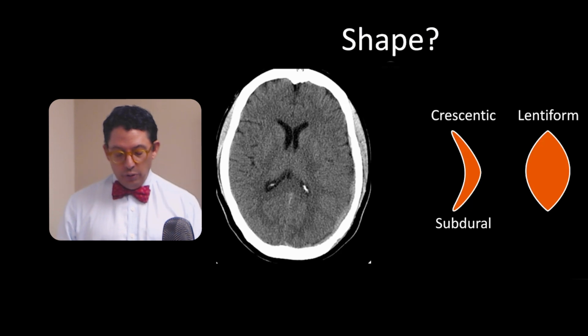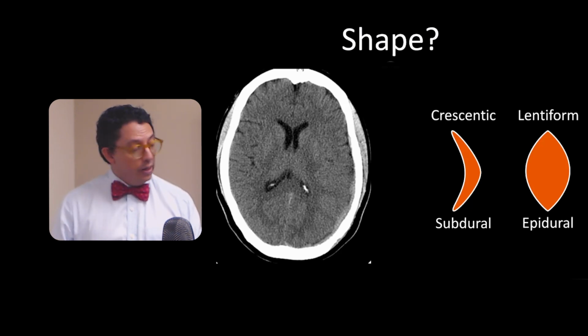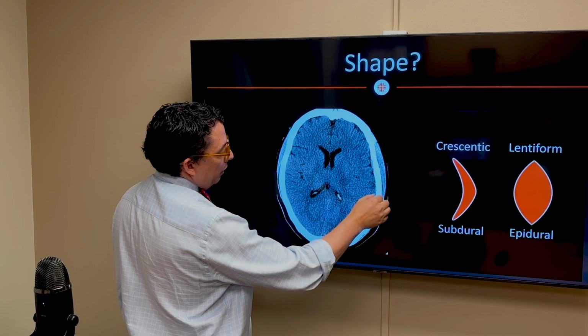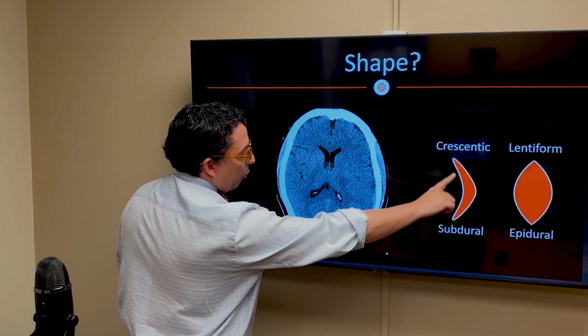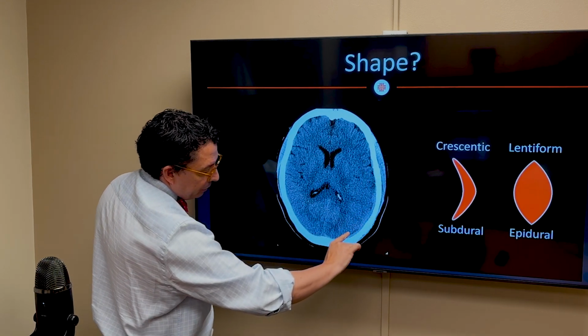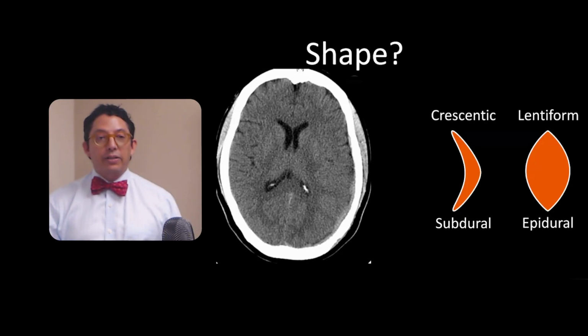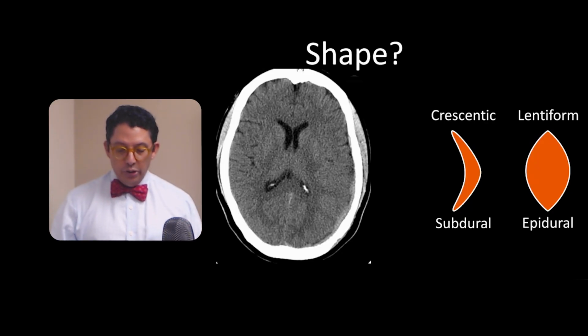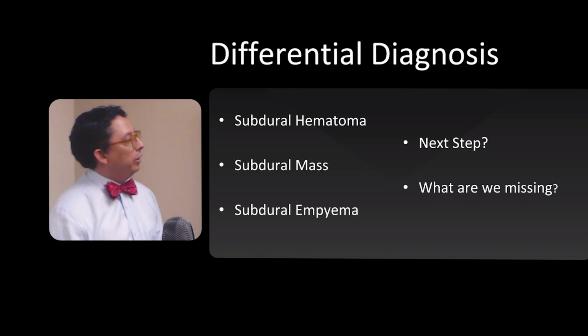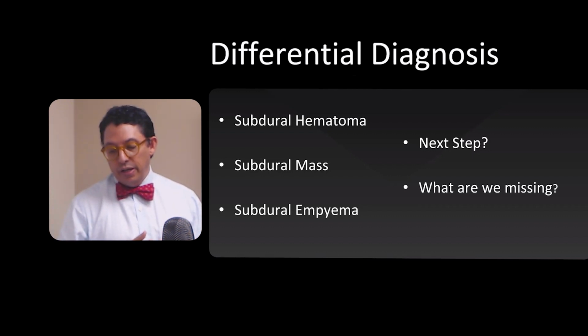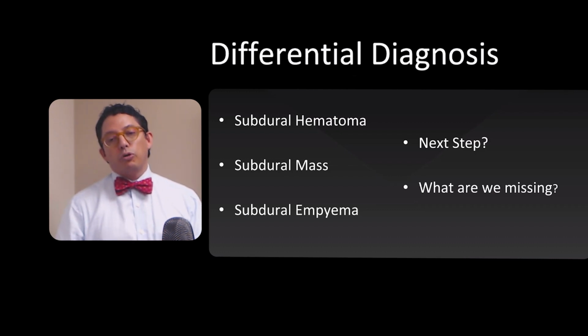So let's start with the one that we have here, which if you look at it carefully, looks more like a crescentic shape than a biconvex lens. The ones with this crescent shape are in the subdural space.